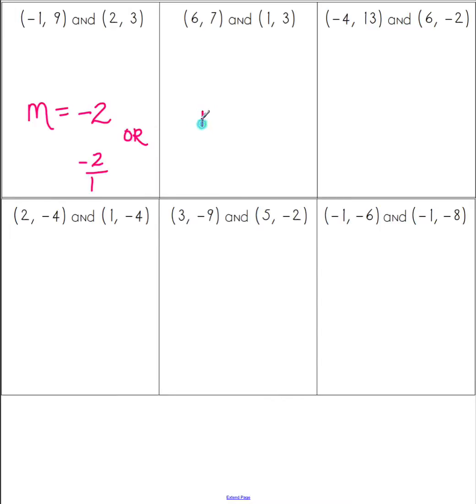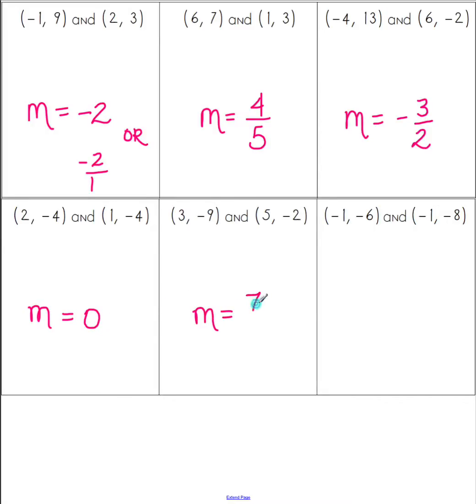On the next one, slope is 4 over 5. M in this case is simplified negative 3 halves. M equals 0 here. M equals 7/2. And on the last one, m is undefined.